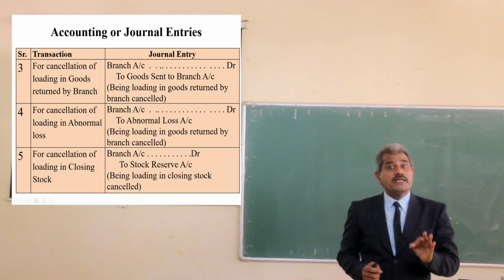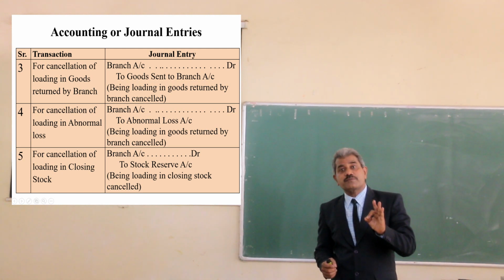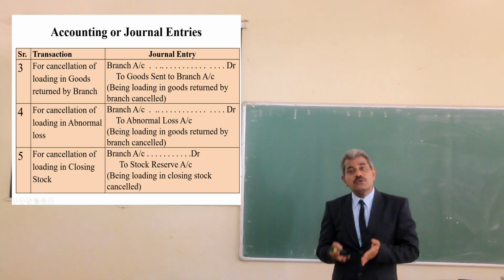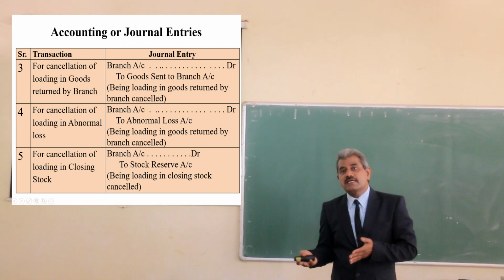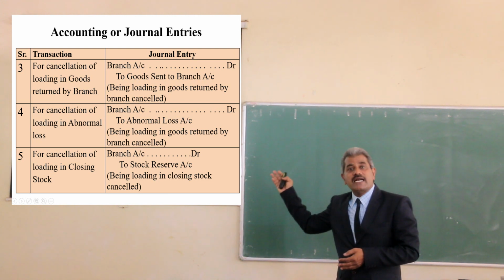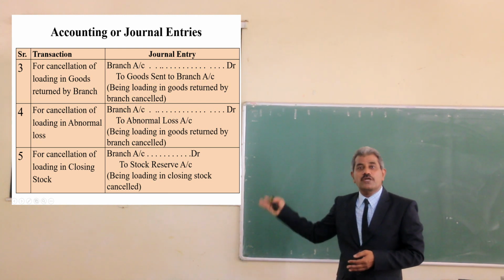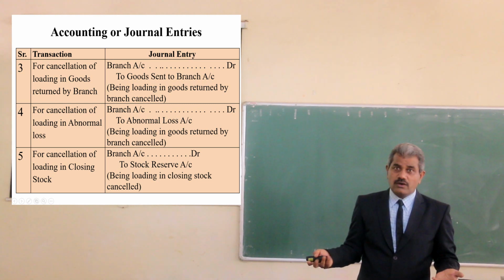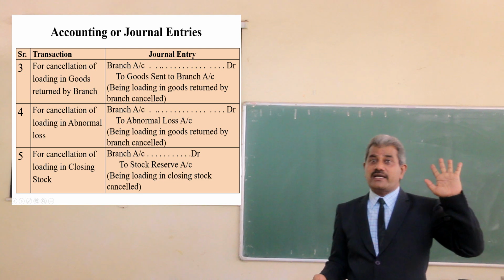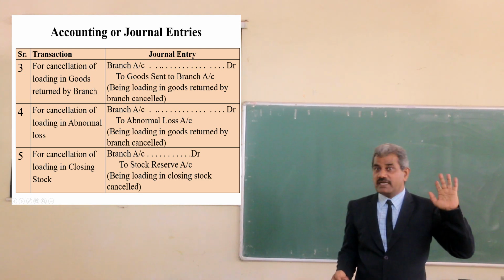When the goods are supplied at invoice price, then we have to pass these additional entries. If the goods are invoiced at cost price, then there is no need of passing these additional entries for cancellation of loading because there will be no loading. Clear? You have to pass maximum 11 entries.